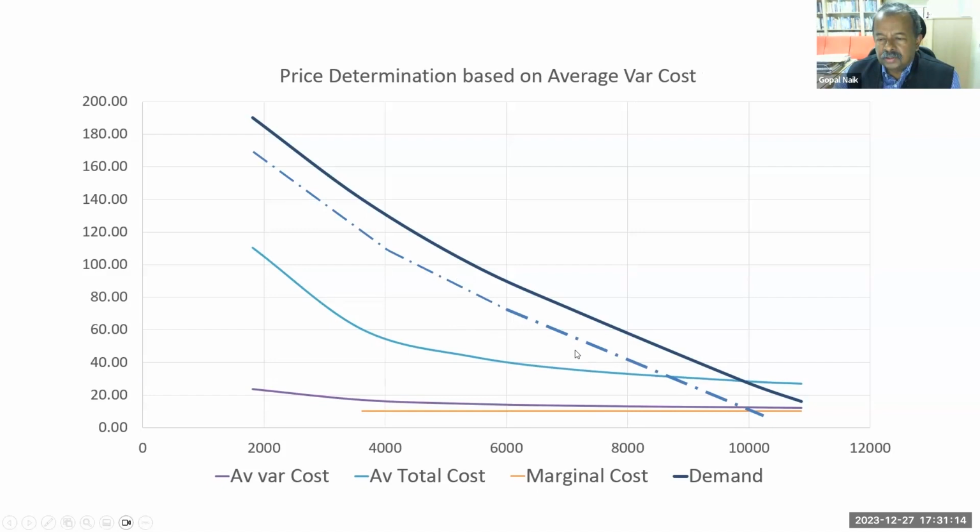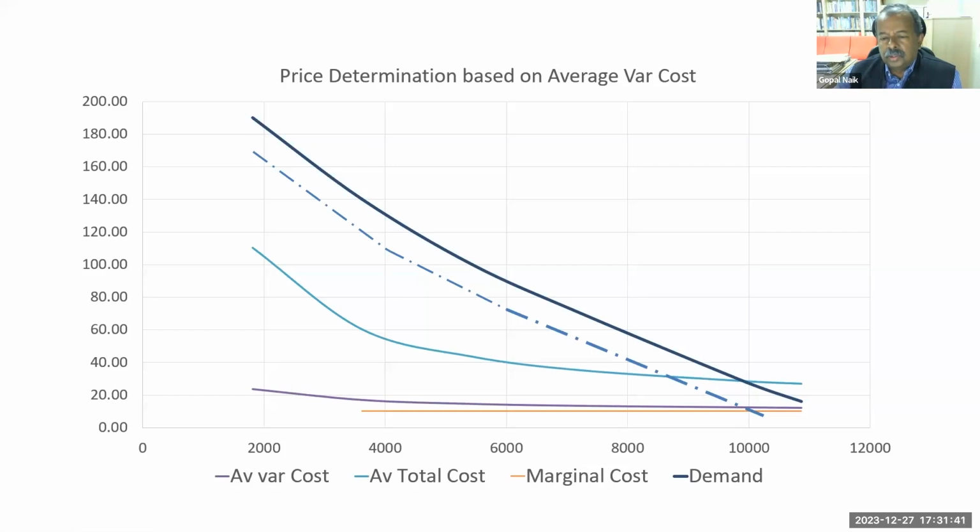Since this is the average variable cost, it actually covers the average variable cost, that is basically operation and maintenance cost, which can be covered by charging about 13 rupees. So given that demand is this, you need to charge 13 rupees. Whereas if the demand is more, you could have charged about 28 rupees.